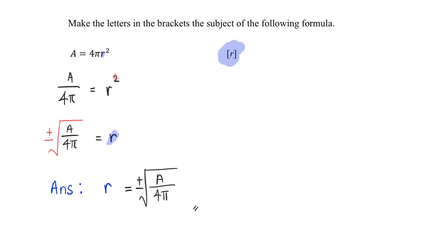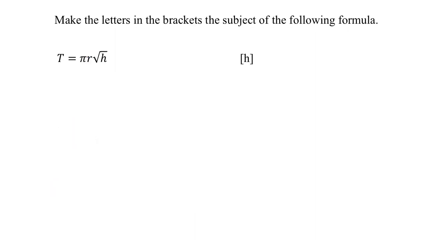So let's move on to the next example. Hello everyone, welcome to this video where we are required to make the subject. Okay? So in this case here, you see pi times R times square root of H. I am going to do something here.